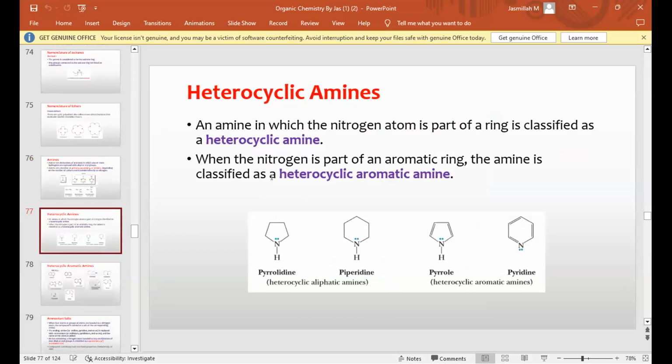Then we have heterocyclic amines. An amine in which the nitrogen atom is part of a ring is classified as a heterocyclic amine. When the nitrogen is part of an aromatic ring, the amine is classified as a heterocyclic aromatic amine. As seen here, the nitrogen is part of the ring for all of these structures, so all of these are heterocyclic amines.